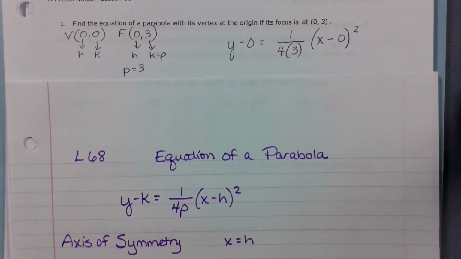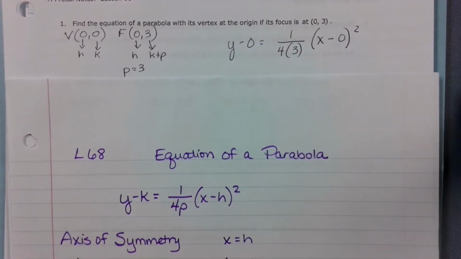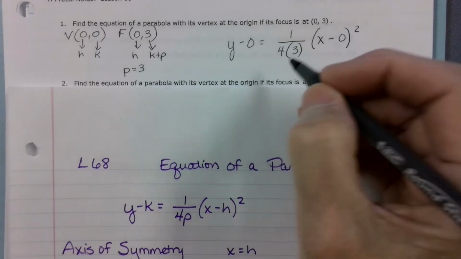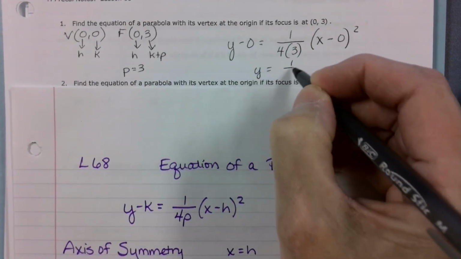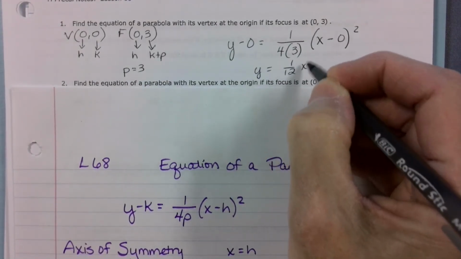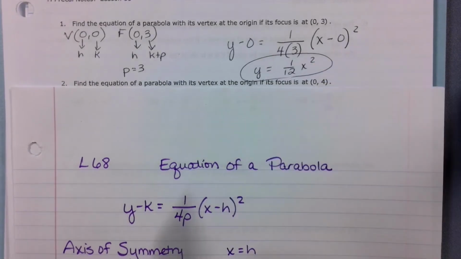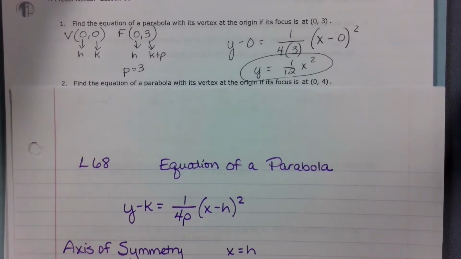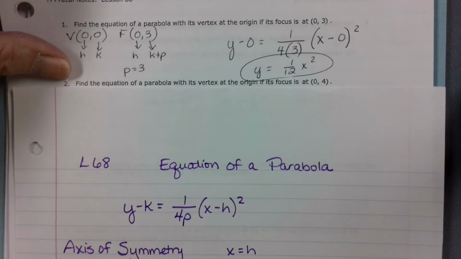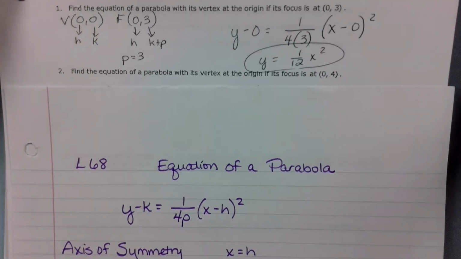Now, of course, I'm going to simplify that, but that's just plugging it into the equation, right? So here we're going to have y equals 1/12 x squared. Any questions on that one? No, pretty straightforward. Let's look at the next one.